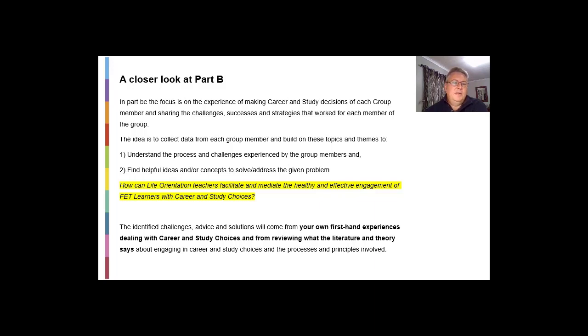Okay, so the identified challenges, advice and solutions will come from your own first-hand experiences dealing with career and study choices, and also from reviewing what the literature and the theory says about engaging in career and study choices and the process and principles involved.